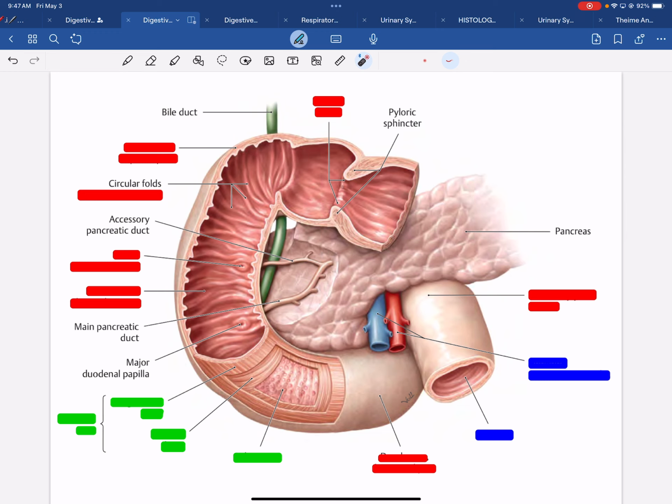So carbs, lipids, proteins, and the 4th one is nucleic acids, right? Like DNA and RNA, inside of cells. So the pancreas has enzymes to break down all of those things that we eat in the food. And so that's what pancreatic juice is, all those digestive enzymes plus bicarbonate.